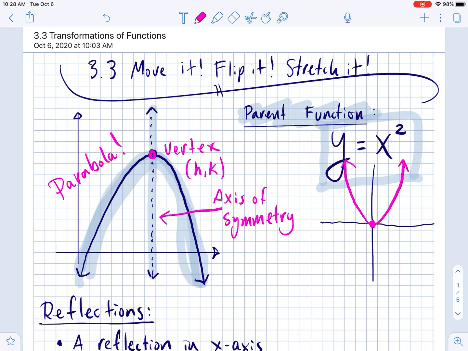We're going to use the parent function in a lot of these transformation examples. That's its vertex, and the axis of symmetry is x equals 0. Remember, vertical lines are x equals something.